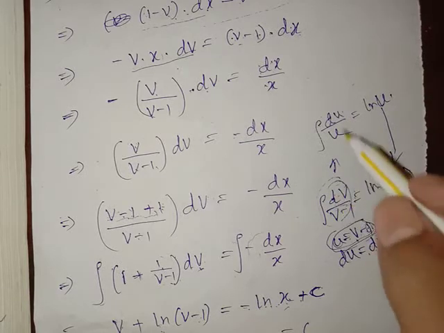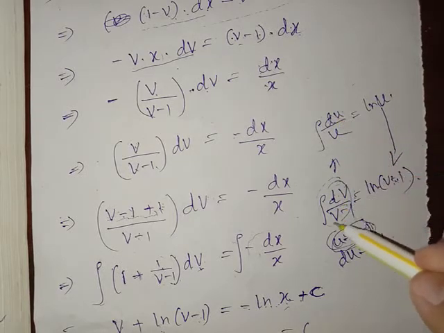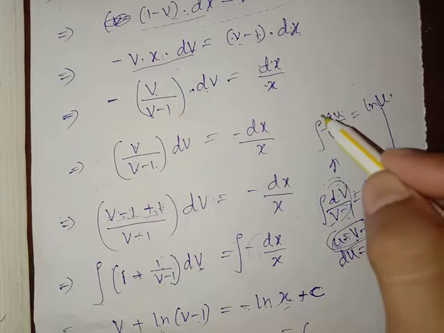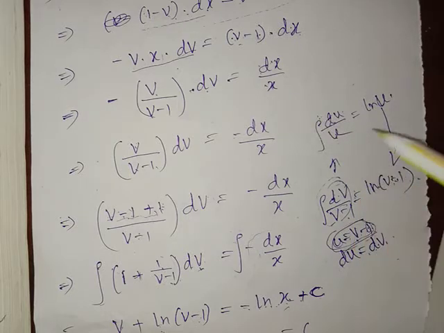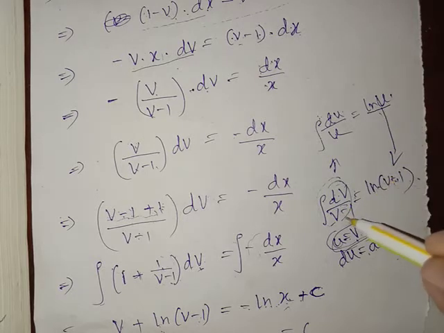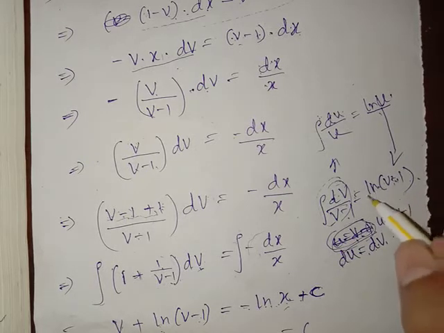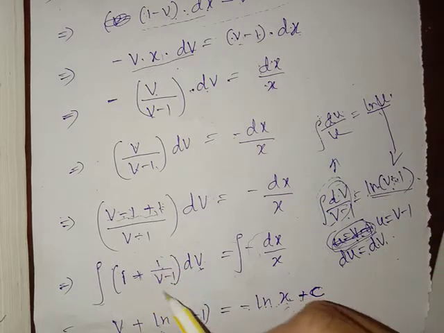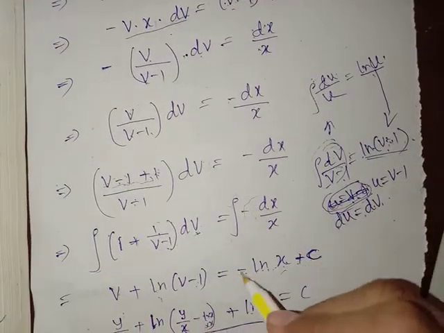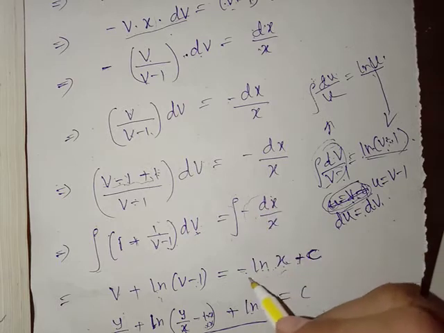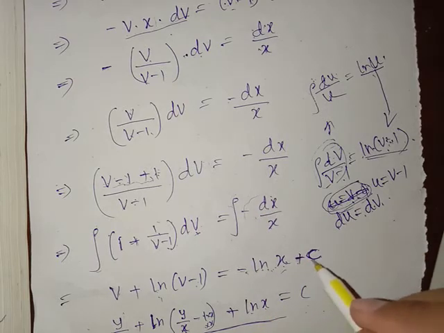So in the place of dv we get du, and in the place of v minus 1 is u, giving 1 by u. The integration of 1 by u is ln u, and in the place of u we have v minus 1. So ln of v minus 1 is the integration of this one. So minus ln x, the integration of this one is ln x, plus c is the integration constant.